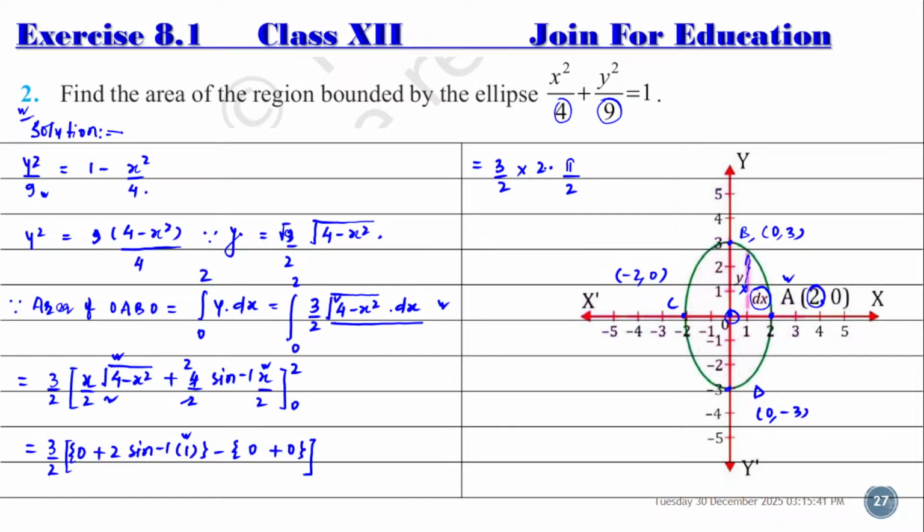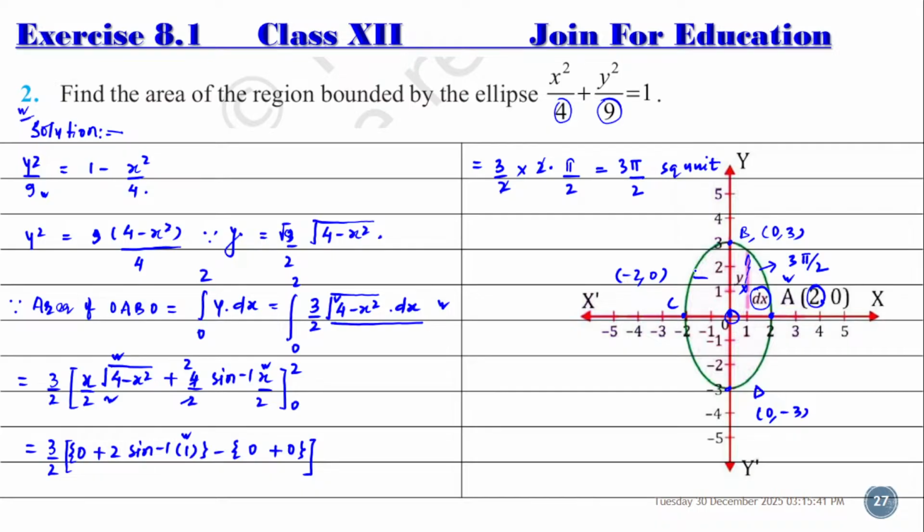Here the 2 will be cancelled out, so we get 3 pi by 2 square unit. Therefore, the area of this part is 3 pi by 2.